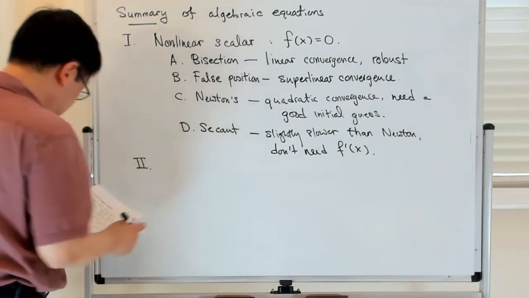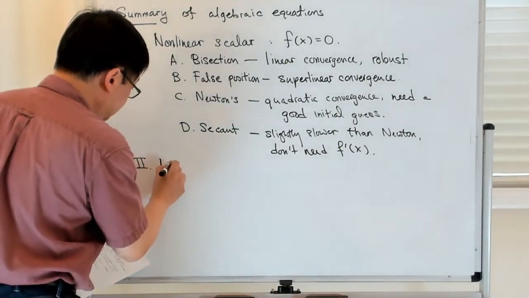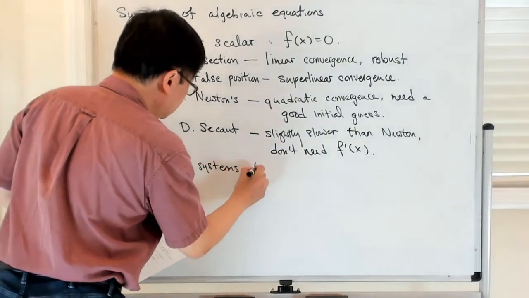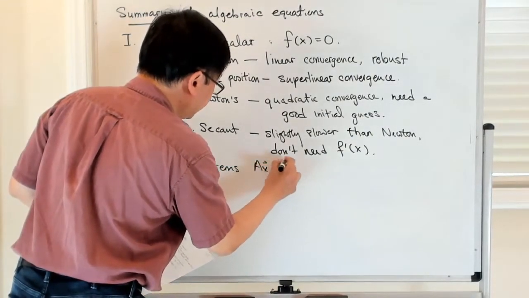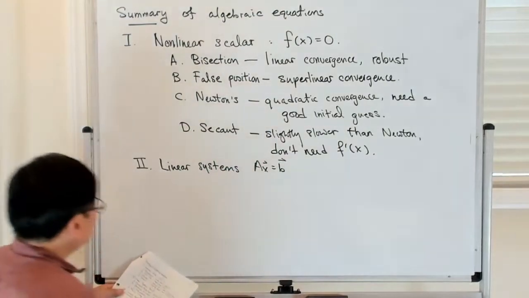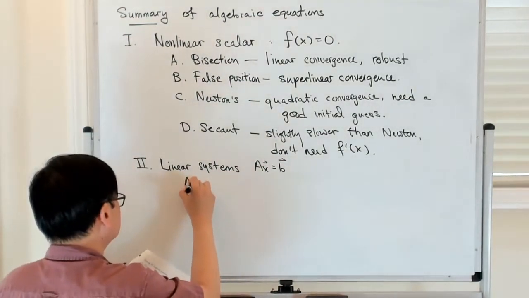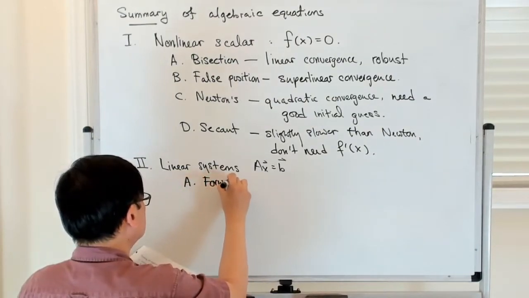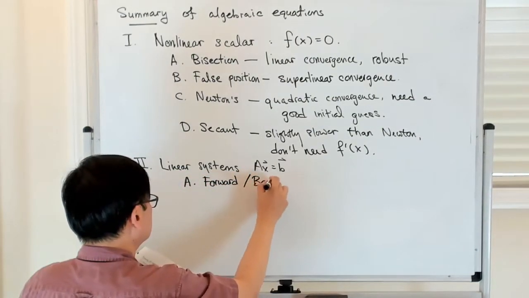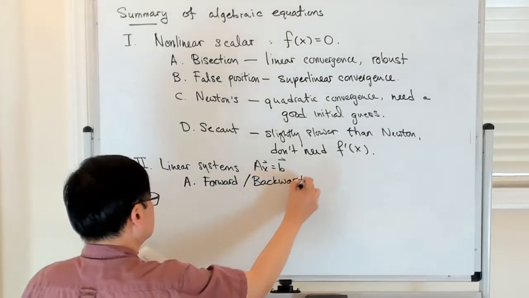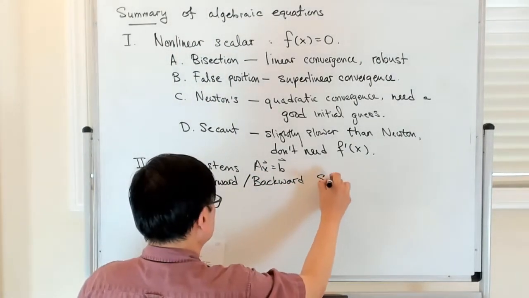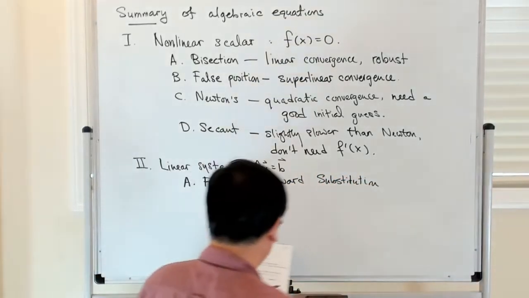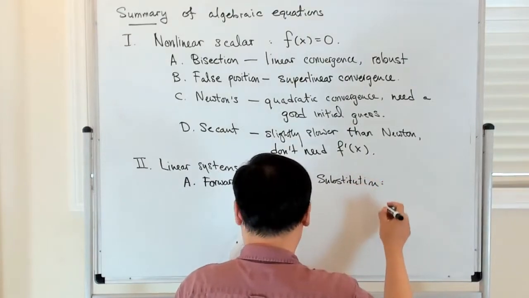The second set are for linear systems, Ax is equal to b. And so the first thing we looked at was just forward and backward substitution. And of course, that only works if you have lower or upper triangular matrices.